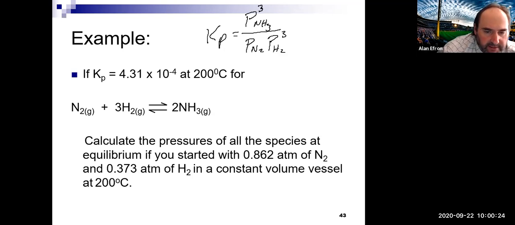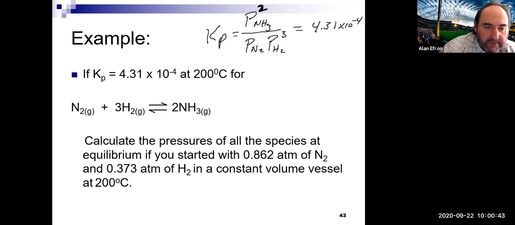I'm sorry, not cube the top, square the top and cube the bottom. That equals 4.31 times 10 to the minus 4. So you approach it the same way. Concentrations, pressures, all work the same way in the ICE table.